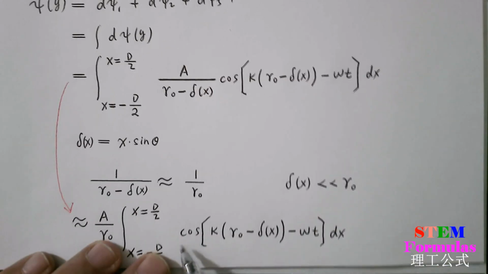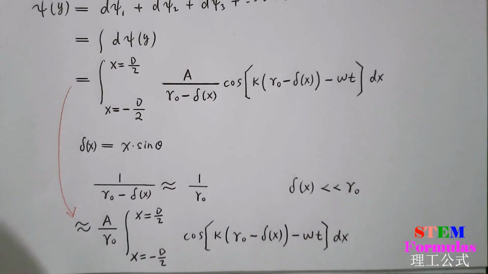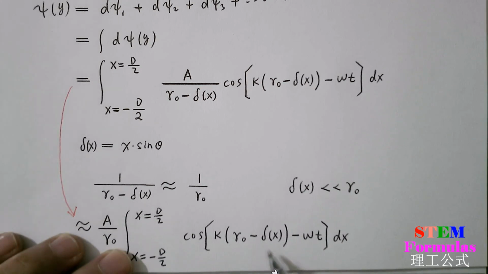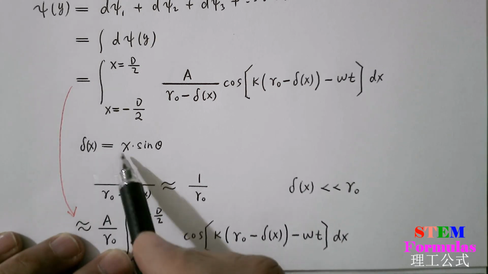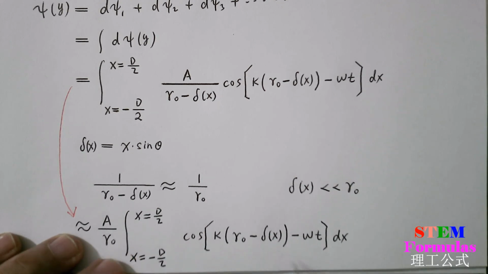Now I need only the integral of cosine k times R0 minus delta minus omega t, dx. So if I substitute delta of x equal to x times sine theta, I will get the next formula.